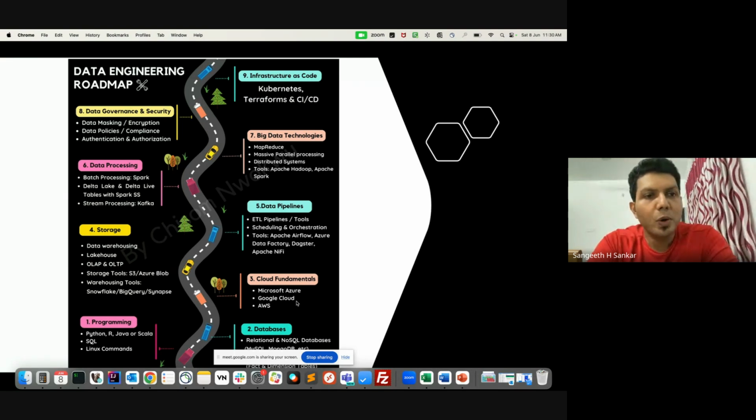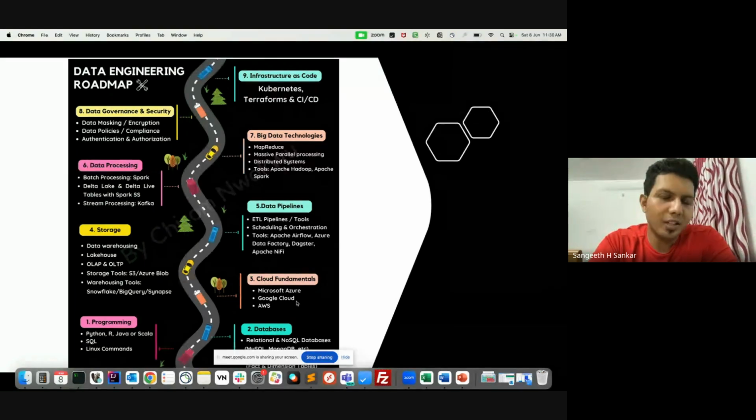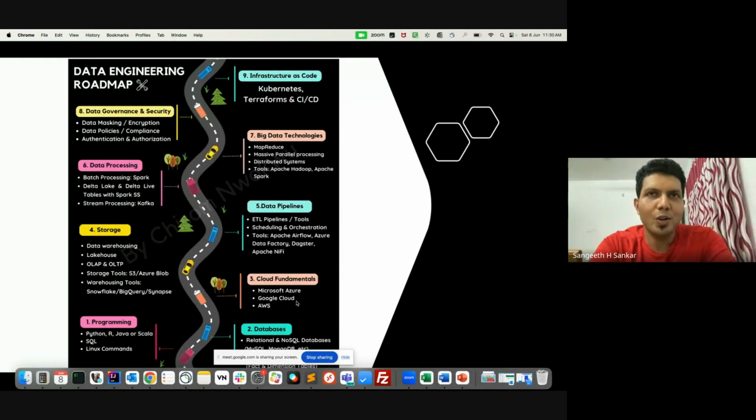Next, you should also be really good at data governance and security. Right now, with all those hackers around, ransomware, and a lot of things around, you should be really good at safeguarding your data, putting those data masks and data policies in place so that only the people who are authorized to view your data can see it.